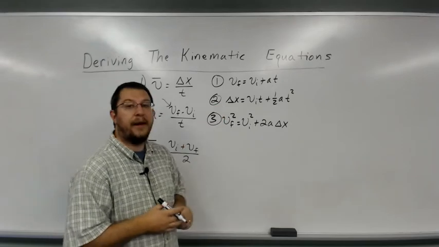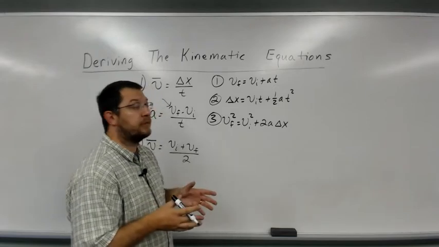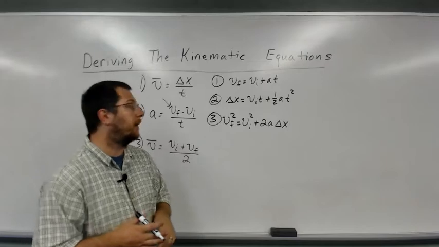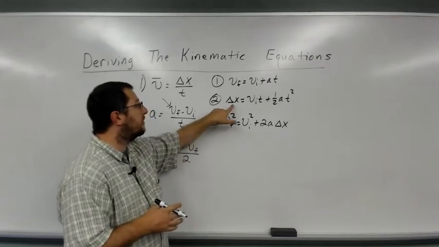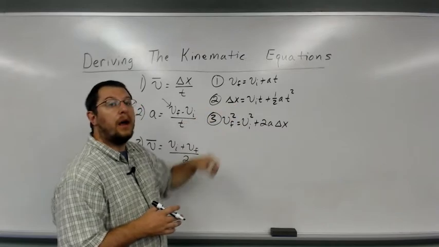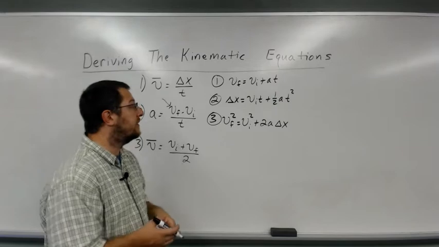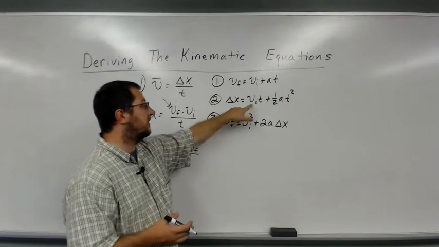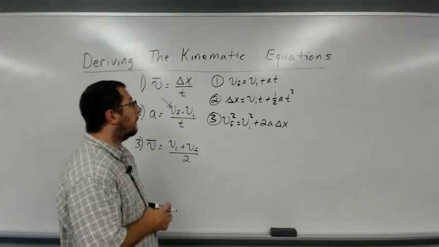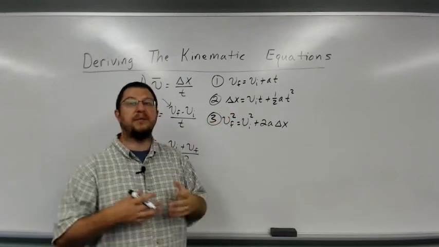Our second kinematic equation ignores final velocity, and our last kinematic equation ignores time. Okay, you could derive another equation that looks something like this. Okay, but instead of VIT here, it would have VF times t, and what it would actually be is VFT minus 1/2 AT squared.